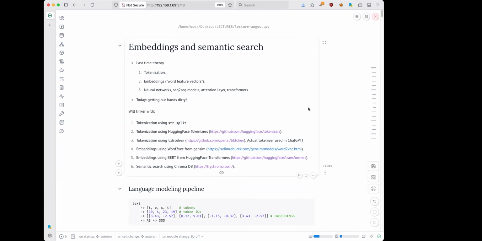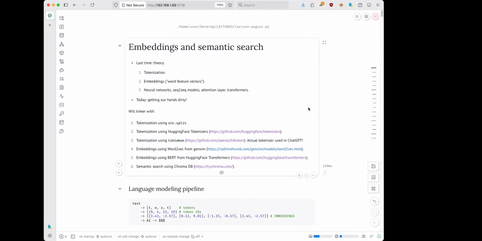Today, we will see how exactly this is done. And finally, we put this into a neural network, into a transformer or sequence-to-sequence model, maybe some kind of recurrent neural network, doesn't really matter much. We put this in and get to work.